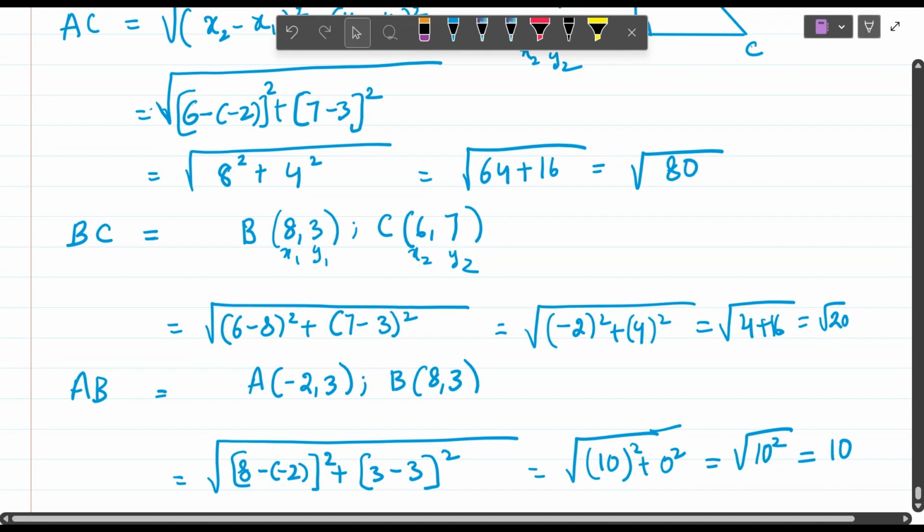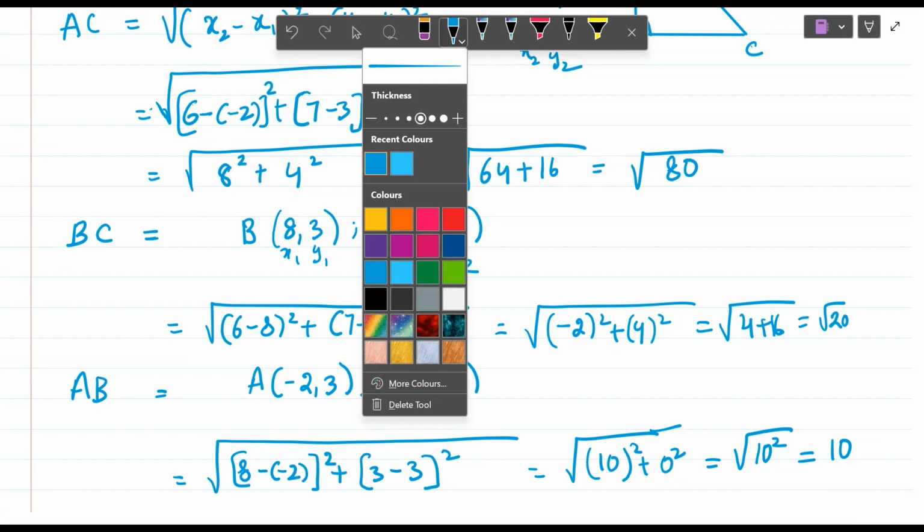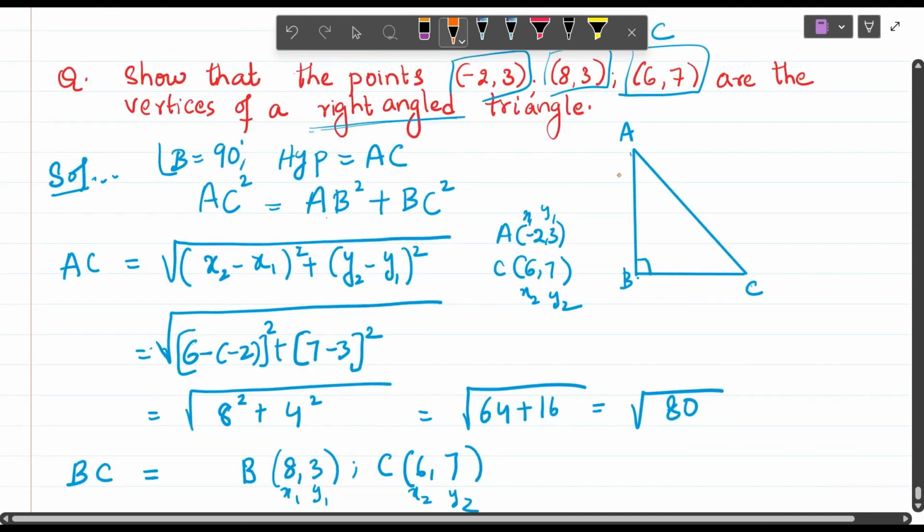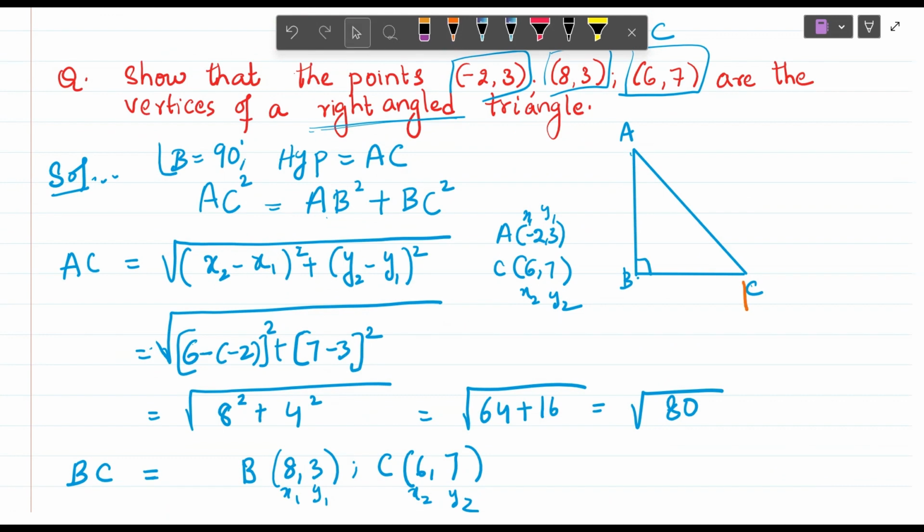Understood, students? So what is the hypotenuse here? That is AB, not AC. So write B here and write C here. Here angle C will be equal to 90 degrees and hypotenuse is AB. Understood?